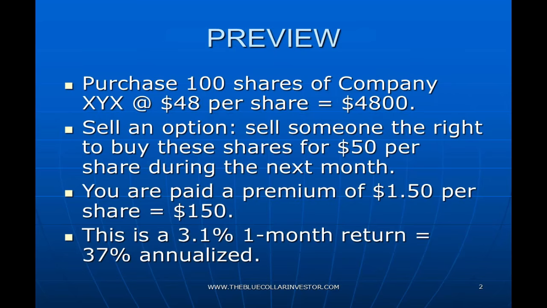In this hypothetical, we're going to buy the shares for $48 and agree to sell them for $50 at any time over the next 1 month. I predominantly sell 1-month options because that's the time frame where I've had the greatest amount of financial success. So almost all the trades you're going to see today are 1-month trades.